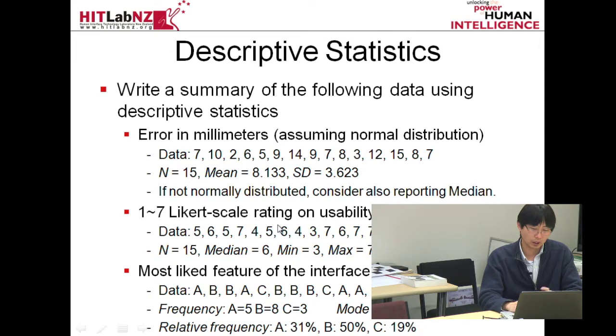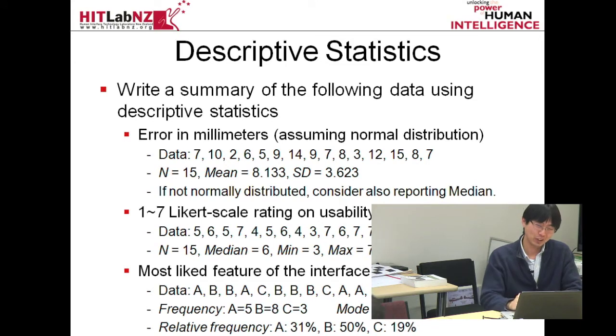And usually, I think we've discussed this when we were talking about the questionnaires, and also about descriptive statistics, that this has to be considered as, not interval ratio, but ordinal data.